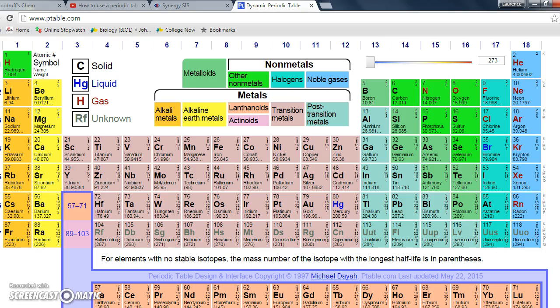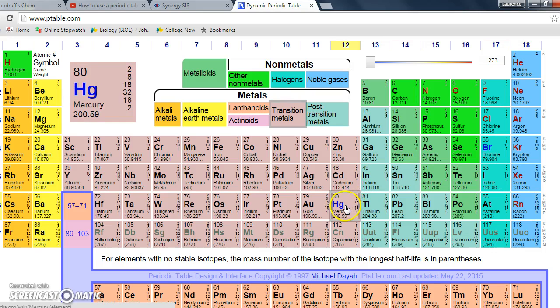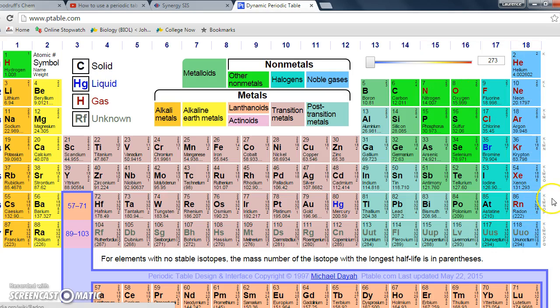On this particular periodic table, everything that is blue, bromine and mercury, is a liquid at room temperature. Everything that is black is a solid at room temperature, and everything that is red is a gas at room temperature. So some periodic tables give you a little bit more information. Now, of course, if you change the temperatures, you can change those into solids, liquids, and gas by melting them or boiling them. So those can all change.